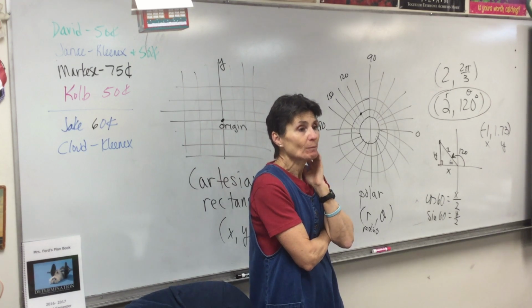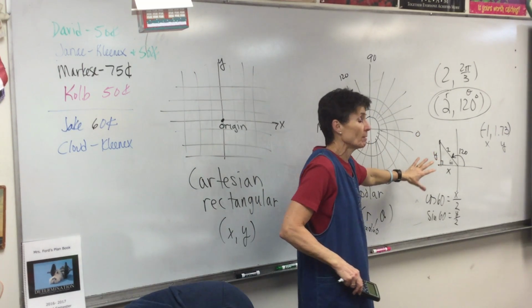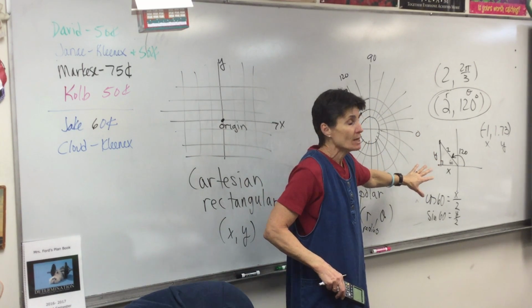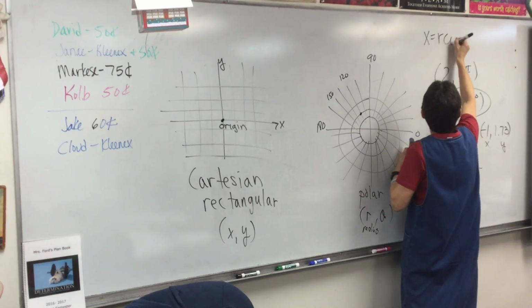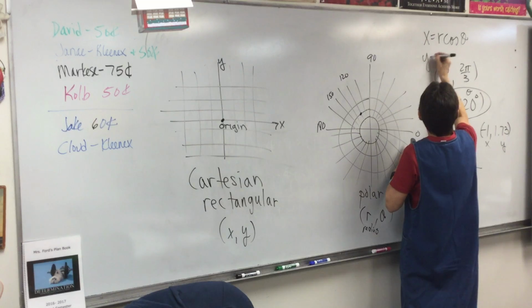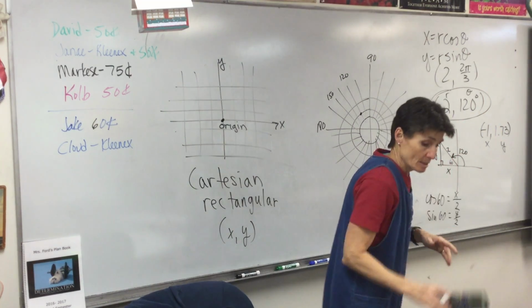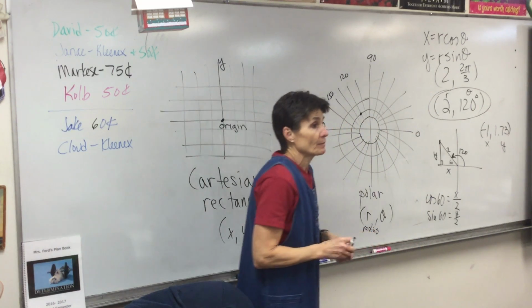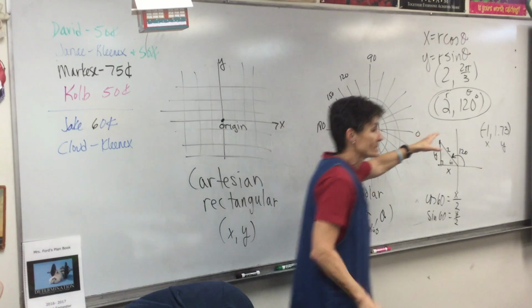And if you memorize the conversion equations, you're going to do this problem a whole lot easier. Because the conversion equations say x equals r cosine theta and y equals r sine theta. How did you know to draw a triangle? Because the angle was 120.